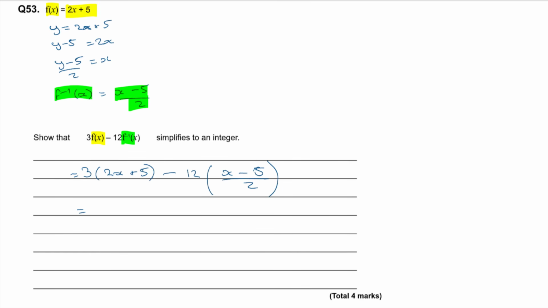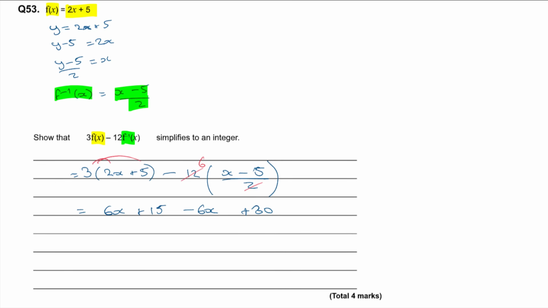That is equal to, well, I'm multiplying out the first bracket, 3 lots of 2x and 3 lots of 5. That gives me 6x plus 15. And then I'm just going to cancel that 2 into the 12 first. It's going to give me 6. And then minus 6 times x is minus 6x. And minus 6 times minus 5, that's plus 30.